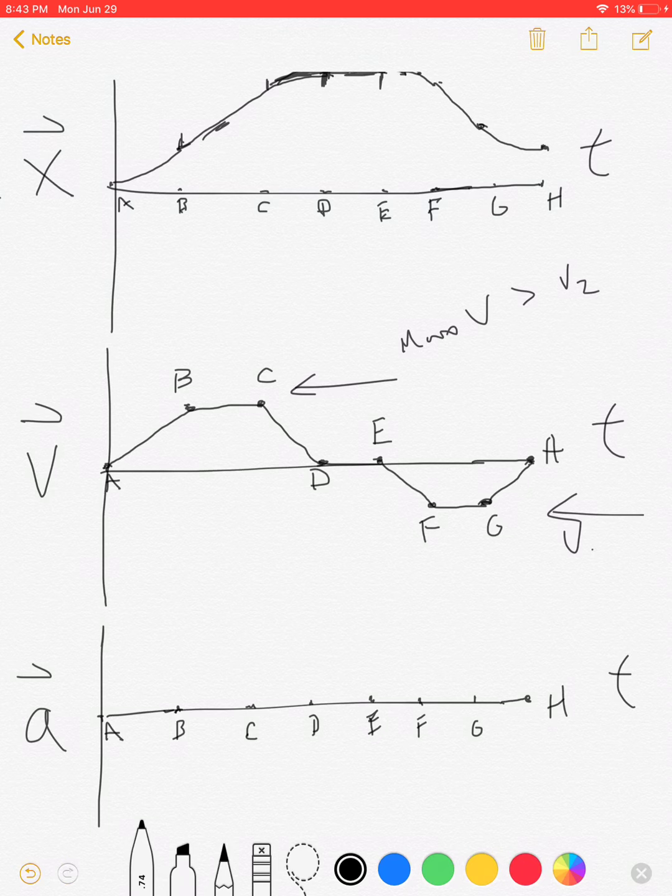Let's call this v2. So max v1 will be greater than v2, and that's not necessarily reflected in this graph per se, right? Because BC does not really have a sharper slope than FG, right? So let's call this FG here. The slopes look about the same, when in reality, this velocity has a larger magnitude than this one based on the velocity graph.